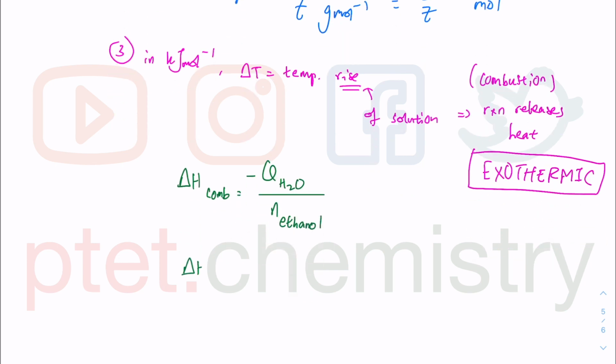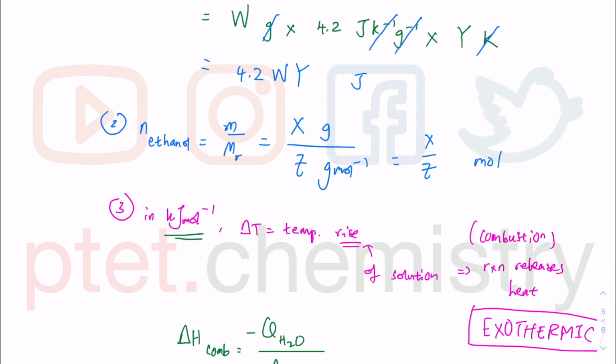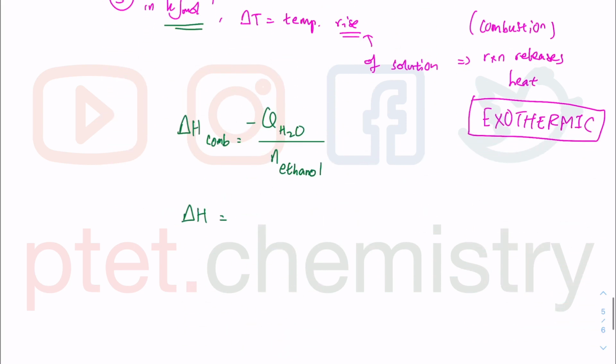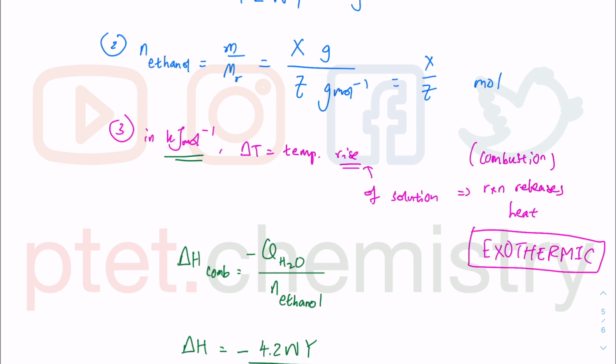I'm going to combine everything together. They want it in kilojoule per mole. I have this in joule, so I need to divide by 1000. 4.2 W y divided by 1000, so that will convert this to kilojoule. Don't forget the minus. And then I put in X over Z as the mole of ethanol.